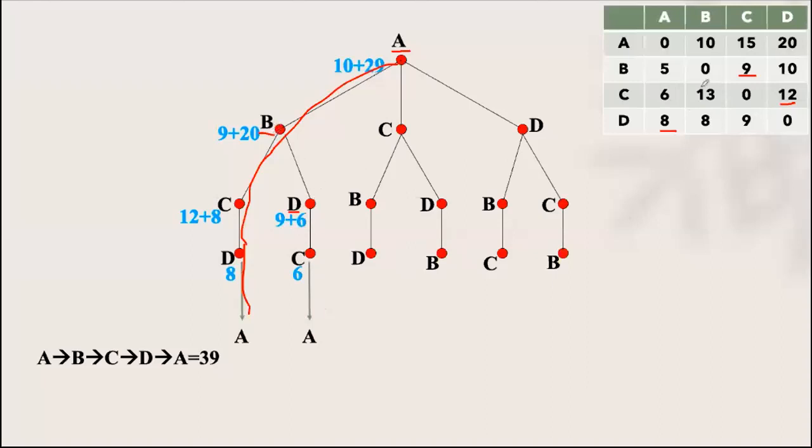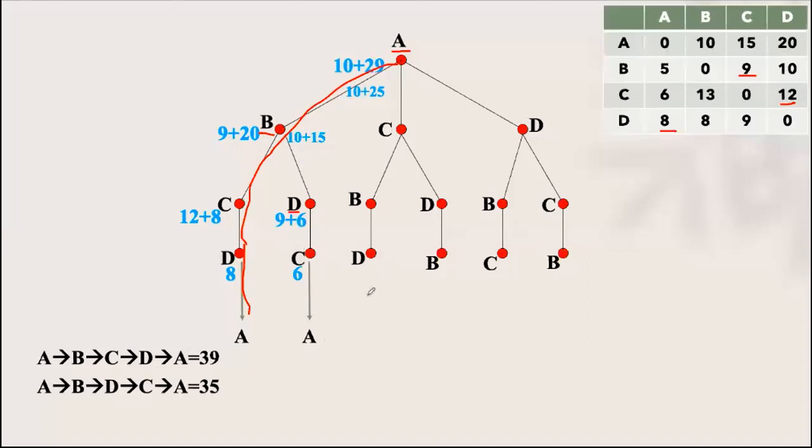B to D. B to D is 10. So 10 plus 15, that is 25. A to B is 10. So 10 plus 25. This entire path is 35. Okay, A to B, D, C, A. Okay, so that cost is 35.